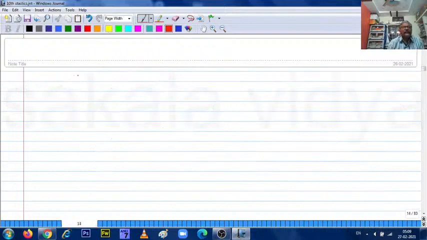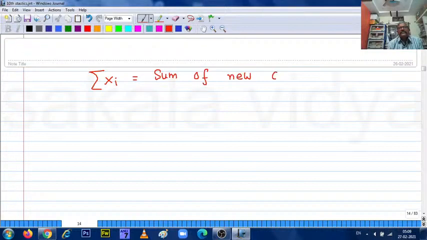Once again find sigma capital Xi, that is equal to the sum of new observations. Now what are the observations here? That is 2a minus 1 plus 2b minus 1 plus 2c minus 1 plus 2d minus 1.